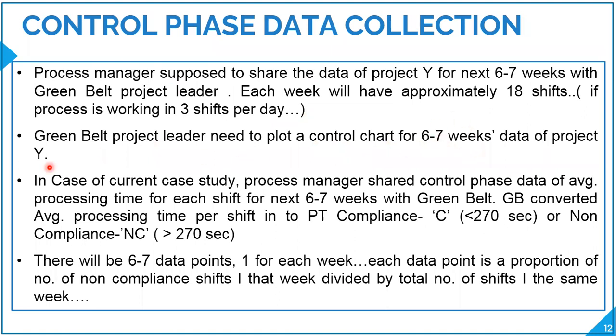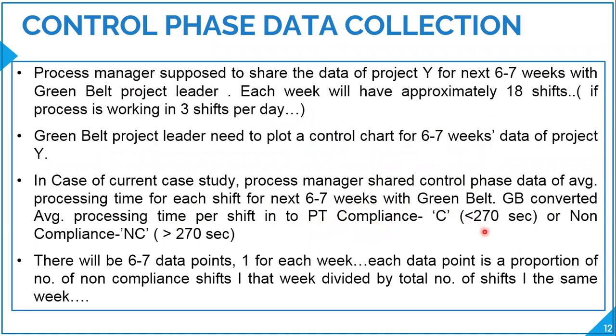of project Y. In the current case study, the process manager or operations manager shared control phase data of average processing time for each shift for the next 6 to 7 weeks with the Greenbelt. The Greenbelt converted average processing time per shift into processing time compliance.